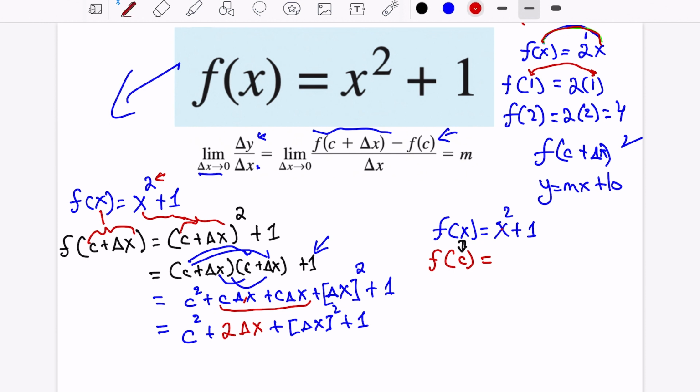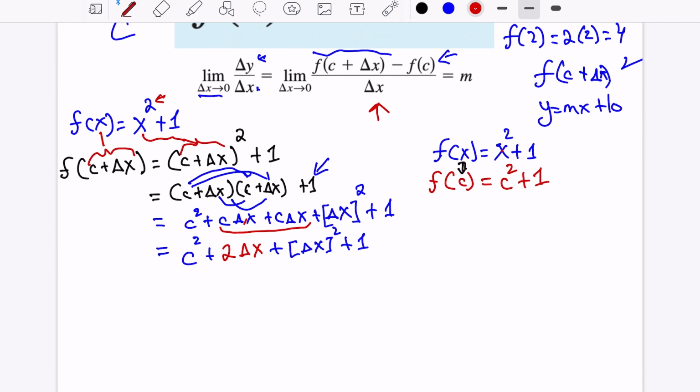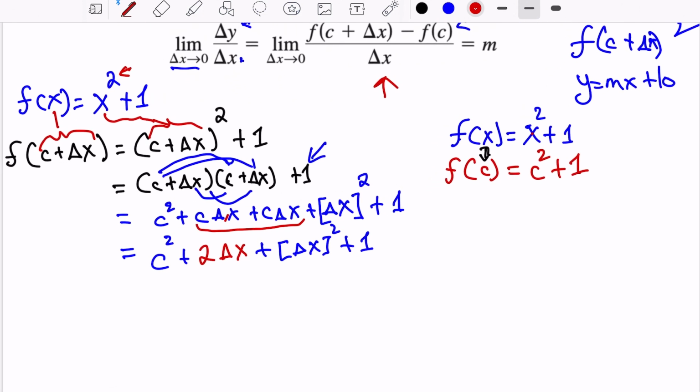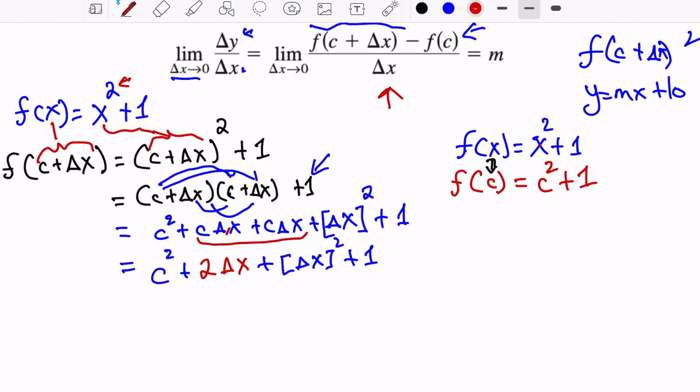So here's an x value, so that will be c squared, and I still have a 1 there. So that is my f of c, and I still have a delta x down there. So let's set it up. Let's scroll down a little bit more, and here we go.